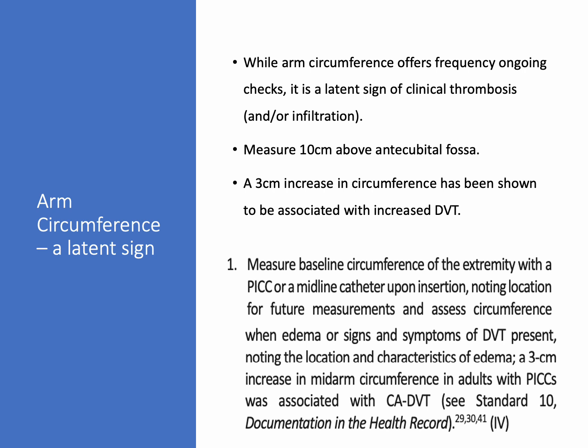measuring arm circumference to look for edema and signs of DVT may be associated with catheter DVT, but once you start to see a significant change in the external diameter of the upper extremity, the damage has already been done. There is already a thrombosis that has well established itself within the vasculature and is causing associated problems.